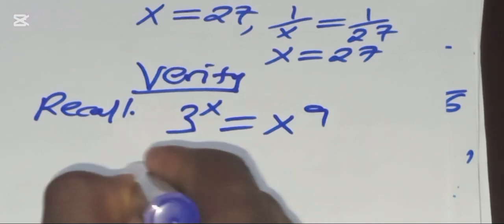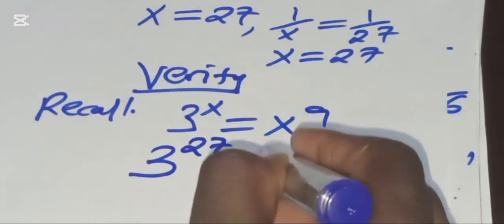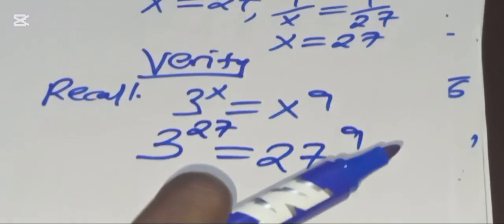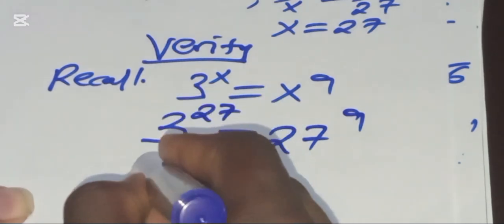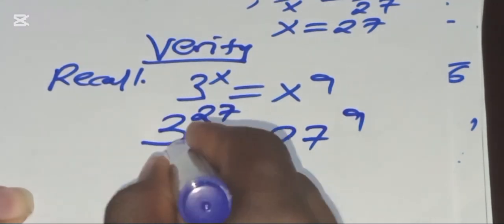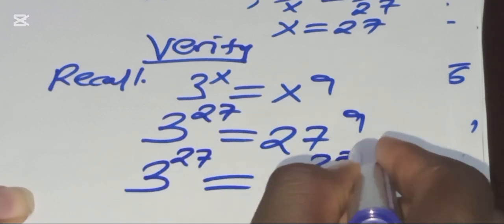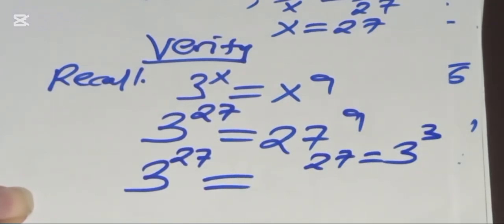So we plug in, 3 to power x is 3 to power 27. This is equal to 27 to power 9. Okay. So from what we have here, 27 can be expressed as 3 to power 3. 27 is the same thing as 3 to power 3.